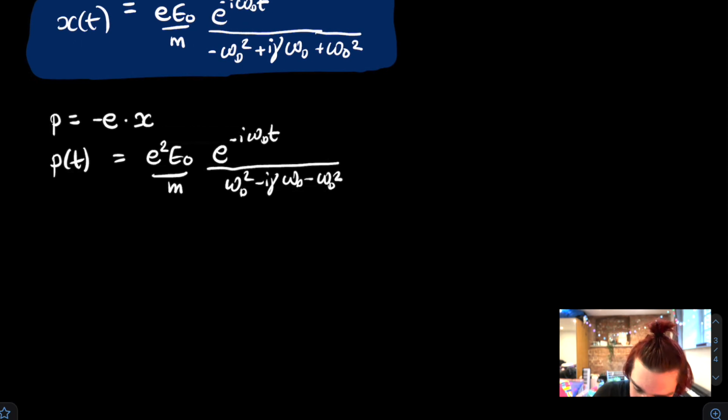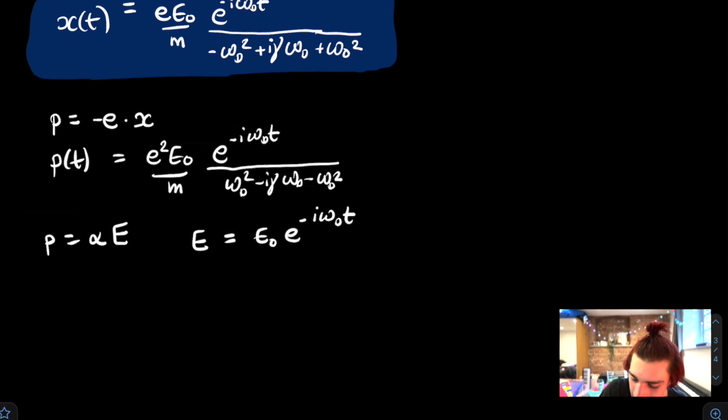But what did we say the relationship between the dipole moment and the electric field is? We said it was P is simply equal to the polarizability multiplied by E right here. But what did we say our electric field was? Well, our electric field E was equal to E naught times e to the minus i omega d t right here, which is of course what popped out when we did our integration earlier, which is great.